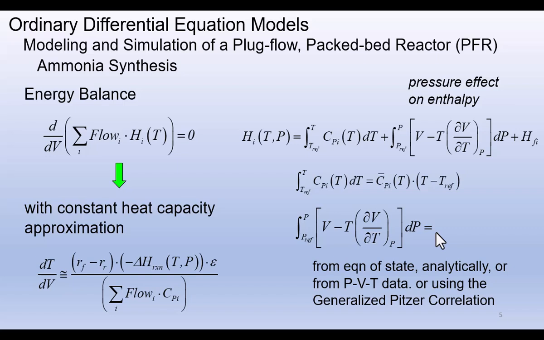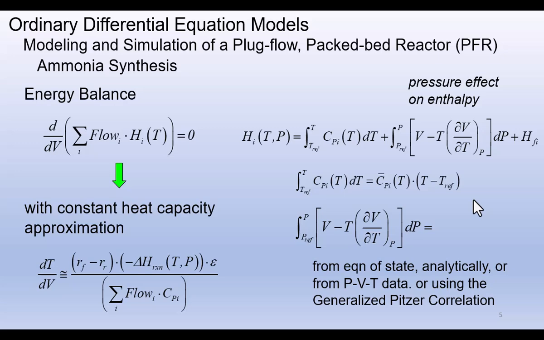And we can do that analytically, or if we have PVT data, we can carry out that integral based on data, or we can use something called the generalized Pitzer correlation. So this gives you an idea of how we start breaking down the energy balance, all right?